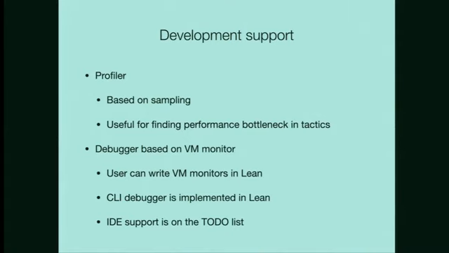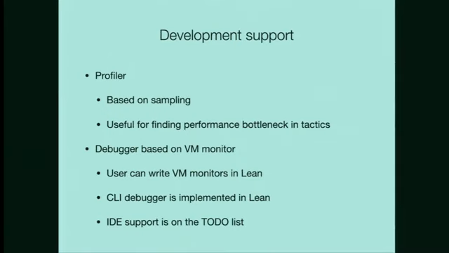Writing tactics is nice, but you also need to debug tactics, right? And also profile them. We provide a profiler that's based on sampling, right? It's really useful to find performance bottlenecks. We use it very often when writing complicated tactics. And we have also a debugger based on a VM monitor.